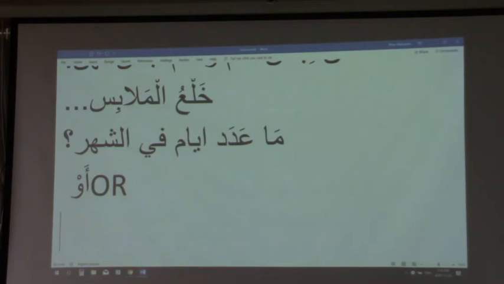Khalas? Fil shahr means in the month, or in a month? You want to say in the month or in a month? No problem, whatever you are referring to. How many days are in the month? What number of days in a month?